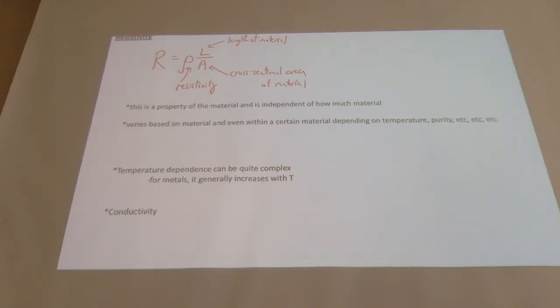What I can then do once I have that value is I can multiply it by how long a piece of copper I have and divide by the cross-sectional area of that copper, and it will take that intrinsic number for copper and transform it into how much resistance this particular chunk of copper is going to put up in the circuit. Do you see the difference between those two a little bit? Okay?